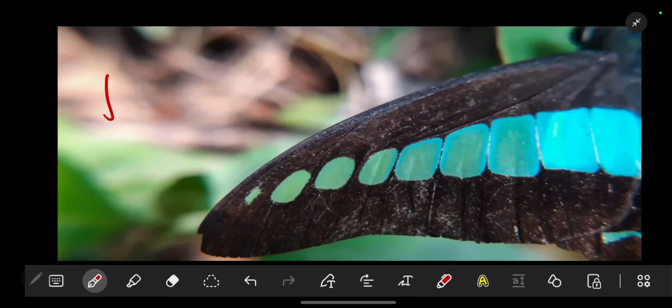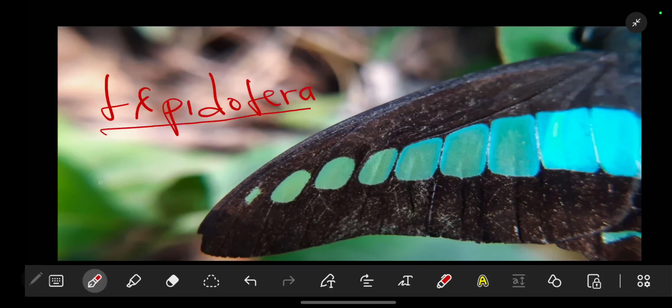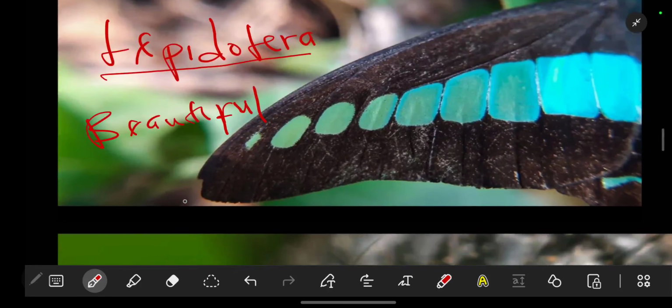The other order that we are going to be looking at is what we call Lepidoptera. So what can you think of? When you hear this, just think of those that you find to be beautiful. The common example of what you consider to be a beautiful insect is a butterfly.